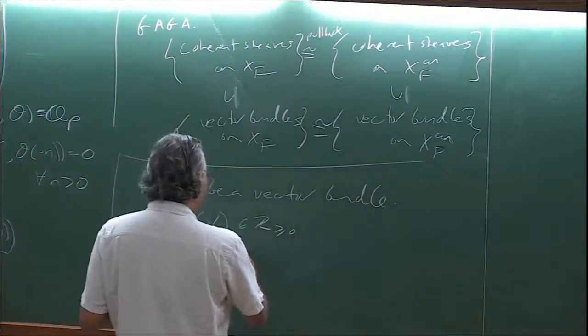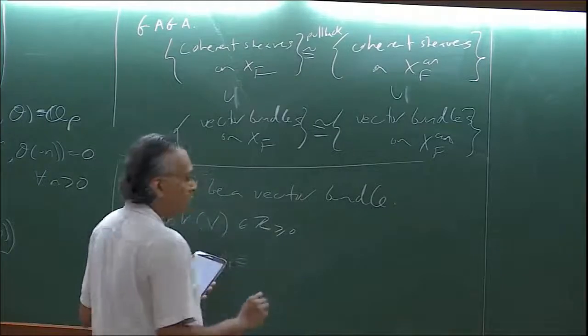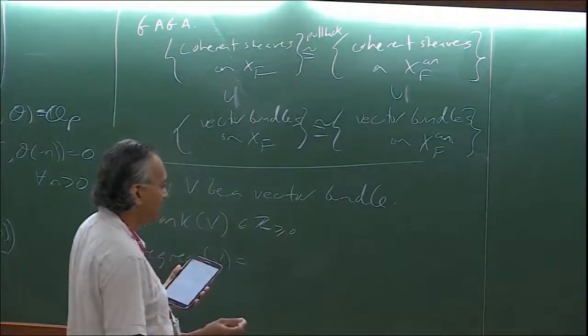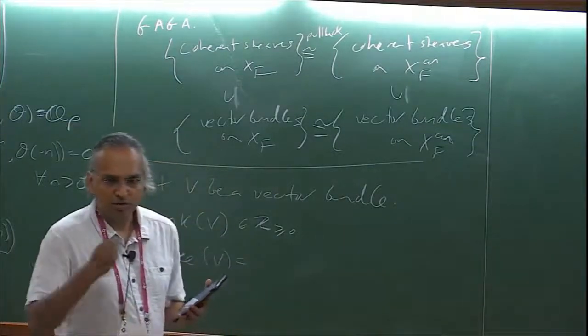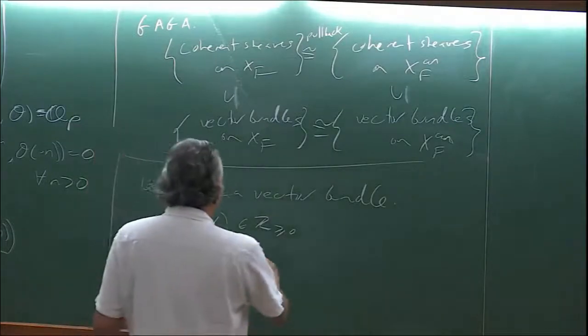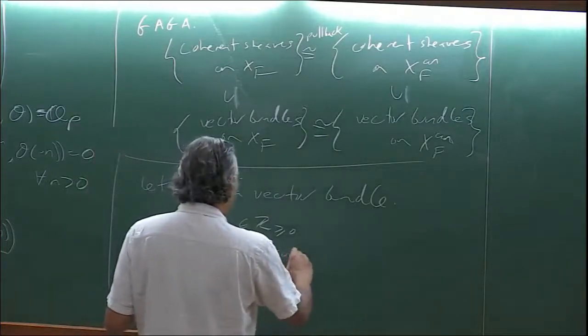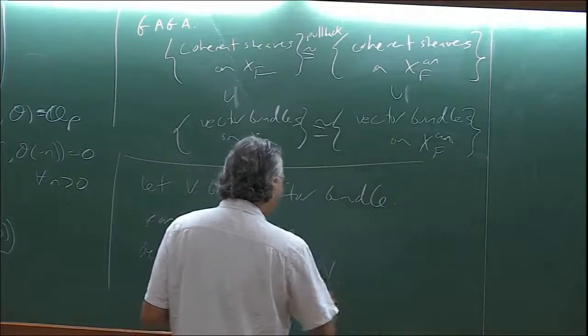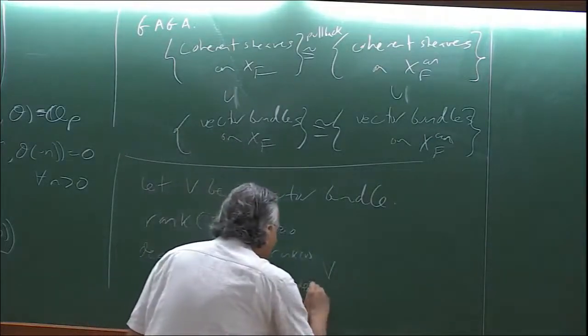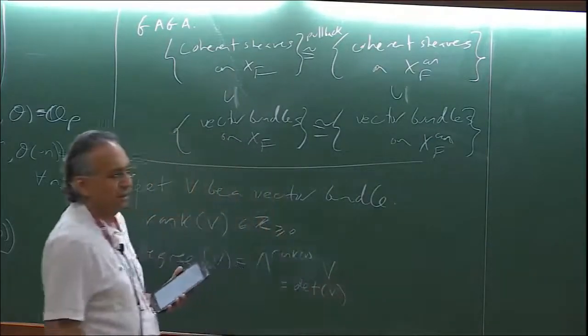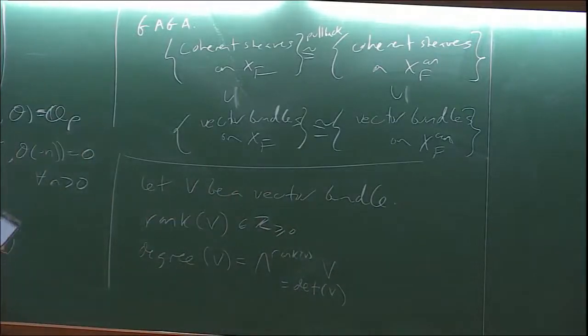This is going to be, by definition, well, for a line bundle I have a degree function coming from the degree function of divisors. So I'm just going to take the top exterior power of V, the so-called determinant. I might call this the determinant of V also. The determinant of V is its top exterior power.